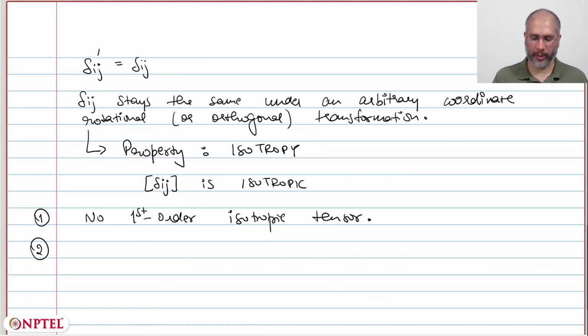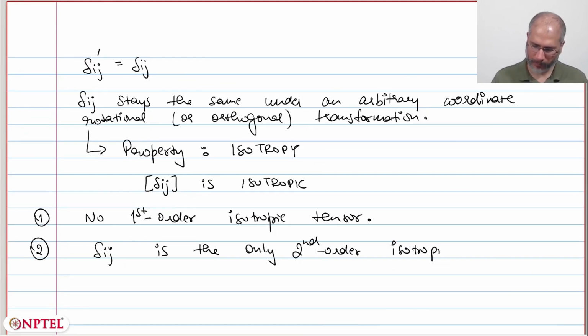We just showed that delta ij is a second order isotropic tensor. In fact, it is the only second order isotropic tensor. And we can also say that any scalar multiple of delta ij will also be isotropic.